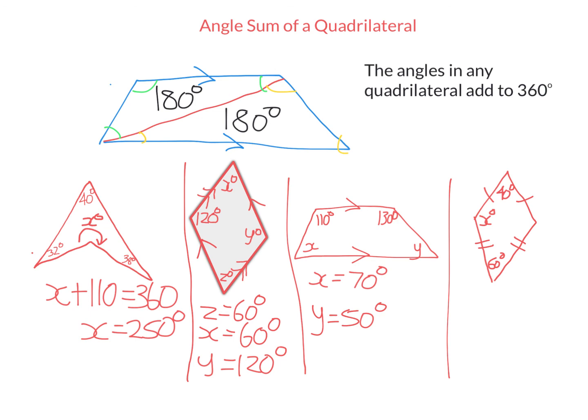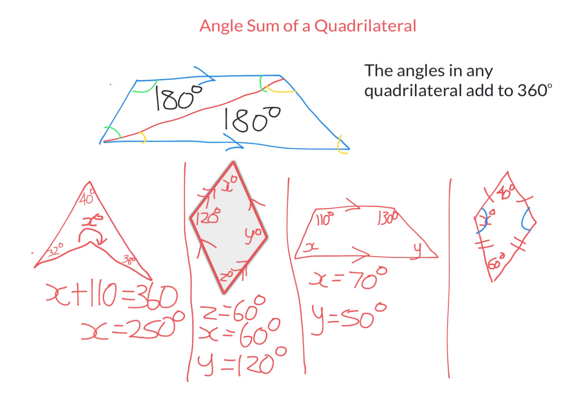Well, to find X, we need to know the shape we have. Because we have two pairs of adjacent equal sides, this shape is a kite. So remember I told you before, in a kite, these two angles are always equal. So it's always the angles where the two non-equal sides meet. So 60 plus 40 is 100.